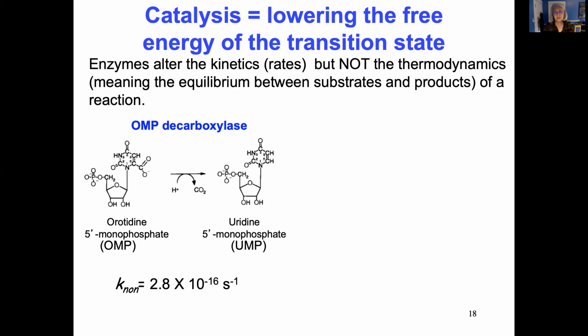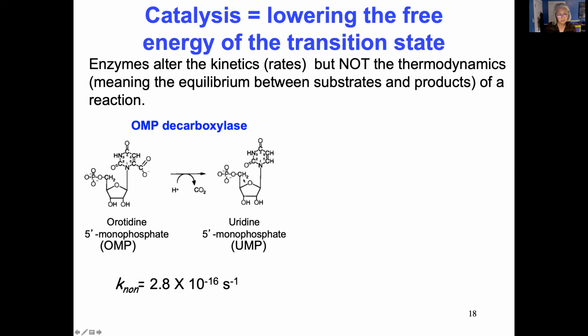So let me just slowly step through this. Enzymes alter the kinetics, or the rates, of reactions, right? They're catalysts. That's the definition of a catalyst. But they don't change the thermodynamics, which means they don't change the equilibrium between the substrates and products of a reaction. So let's go back to that first enzyme we started with, OMP decarboxylase.